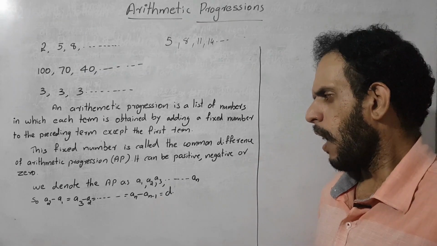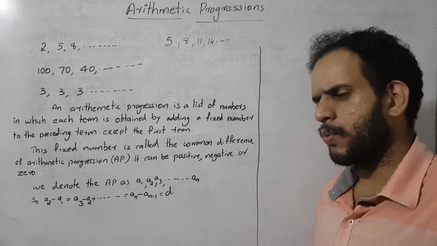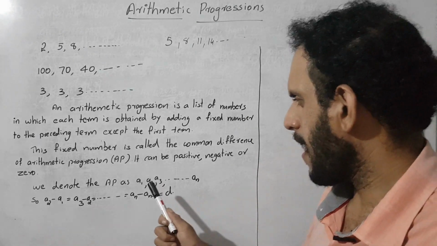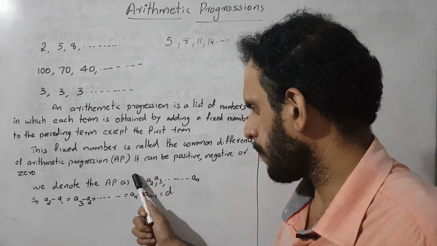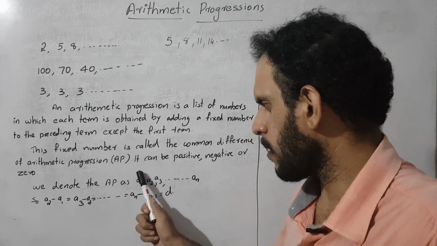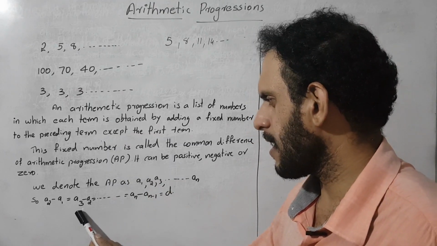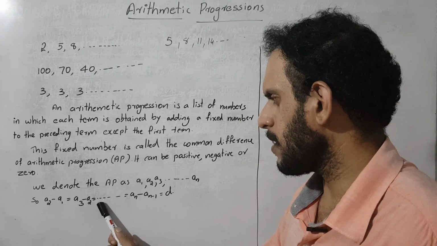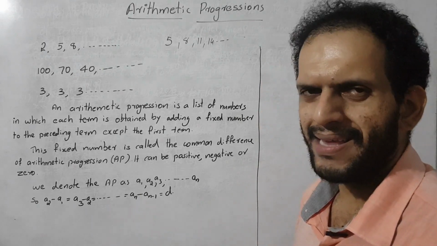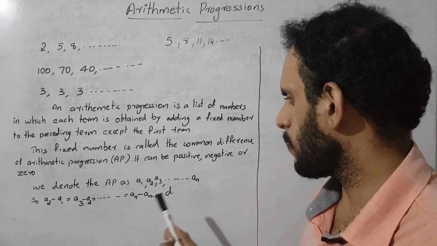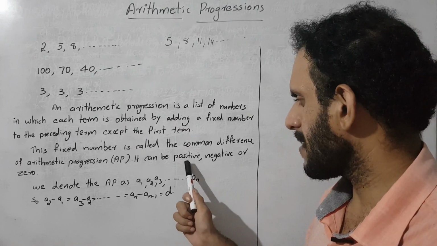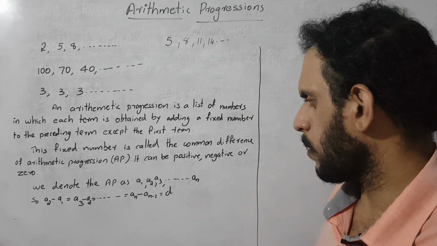If it is an arithmetic sequence, then surely A2 minus A1 is equal to A3 minus A2, which is equal to A4 minus A3, and so on, up to AN minus AN minus 1.